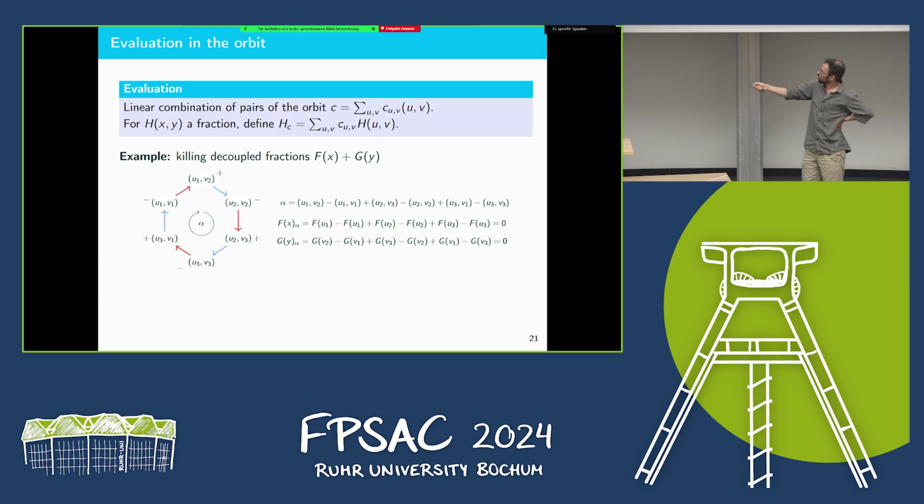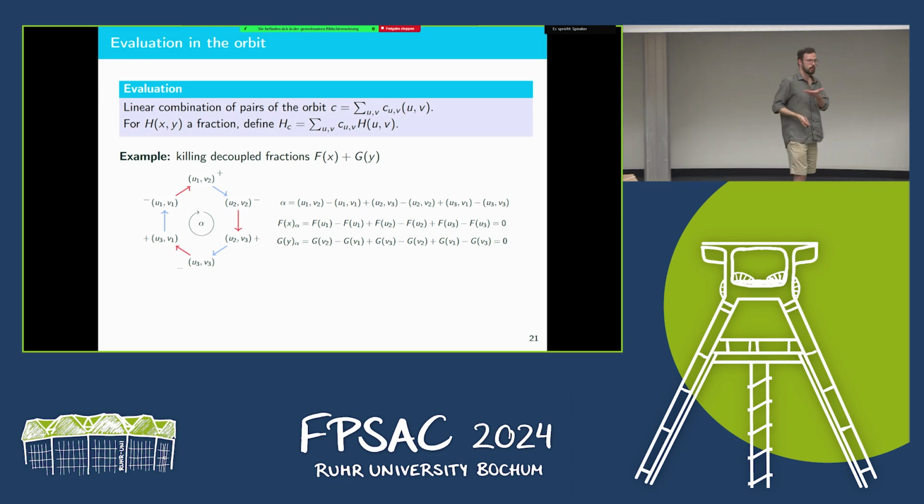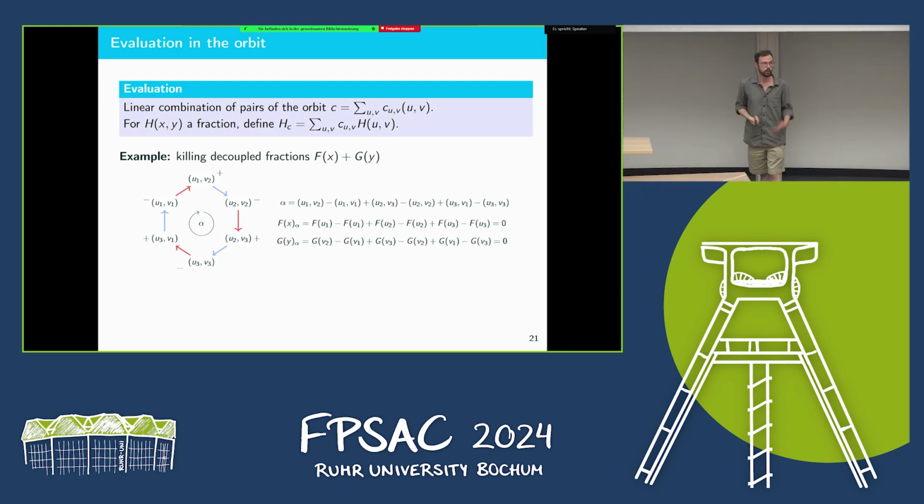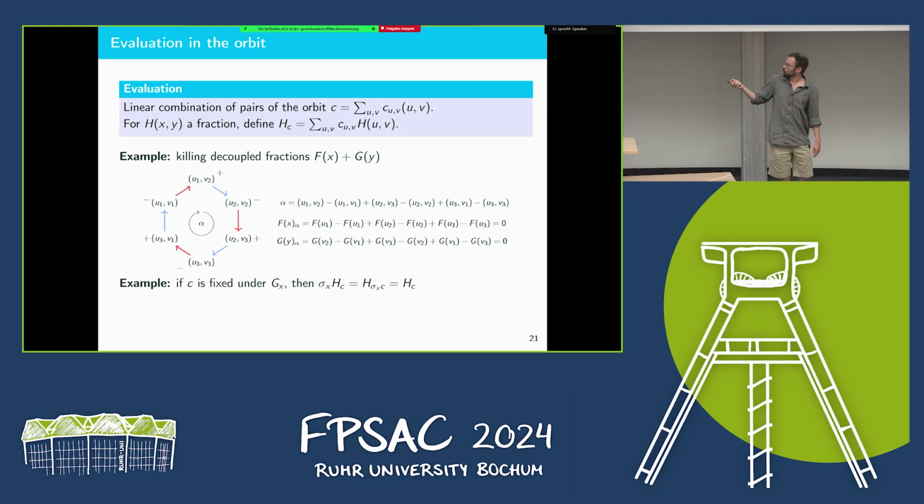Then, if I evaluate f of x on it, you see that the terms telescope and you have 0. And the same goes for functions in terms of y. And therefore, we will construct this kind of pairs to characterize the decoupling of the fractions. And moreover, another example is this one.